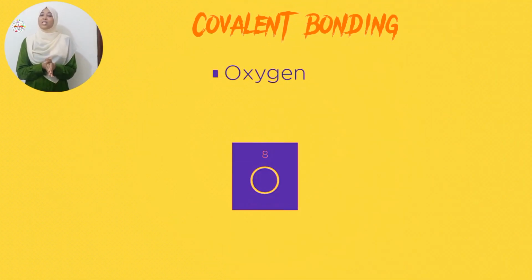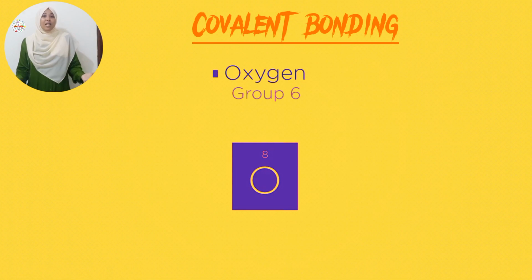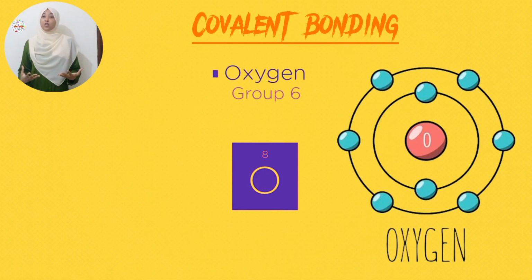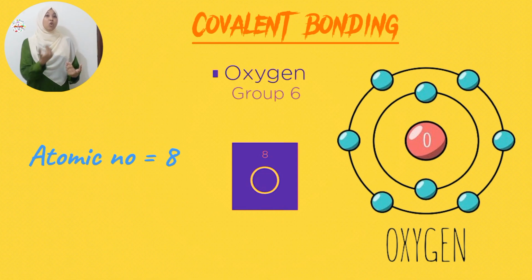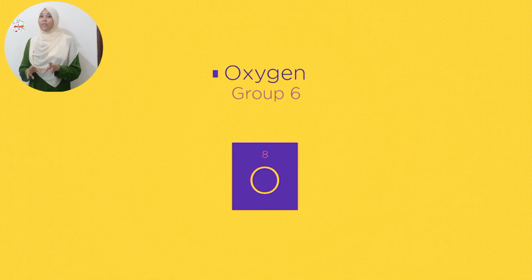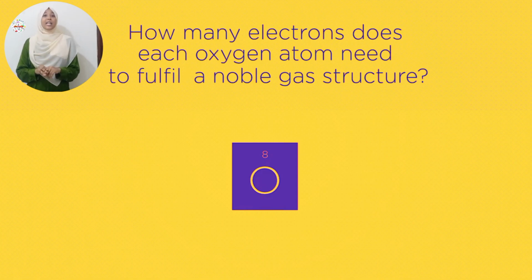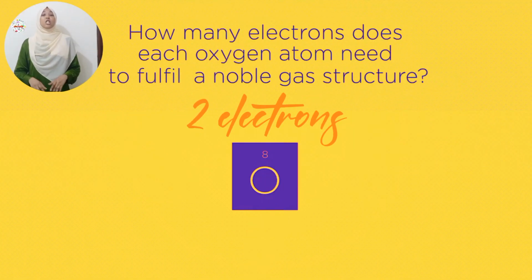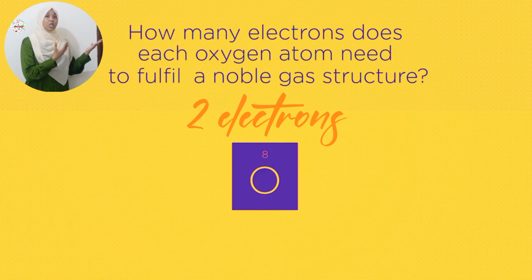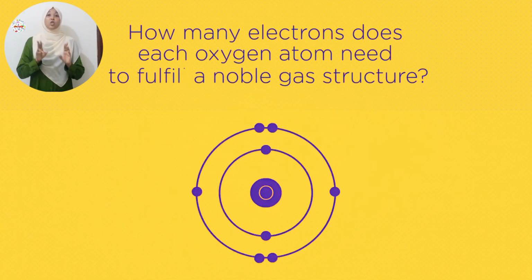Now moving on to our second example, and that is oxygen. Now oxygen atoms have an atomic number of 8. So this means that they have an electron configuration of 2, 6. So again, for them to become stable, they need to gain 2 more electrons. So in the case of the oxygen molecule, which is O2, we are going to have 2 oxygen atoms sharing electrons.